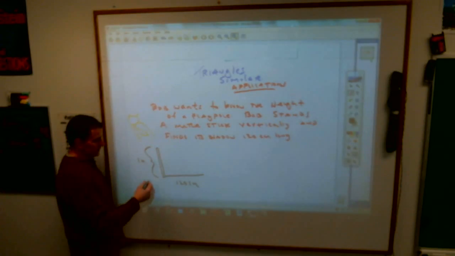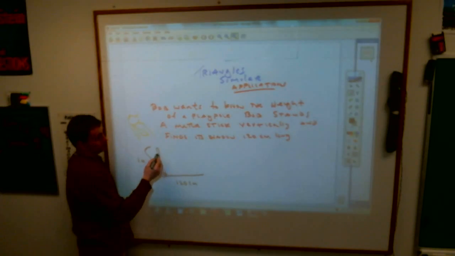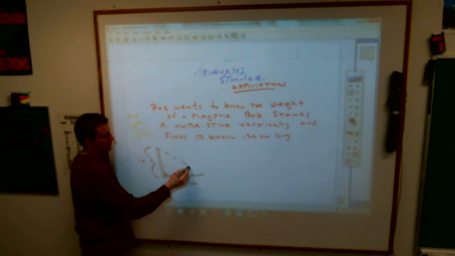Since he sticks it in the ground straight, this is a right angle. If you connect this point with that point, you can make yourself a nice right triangle.